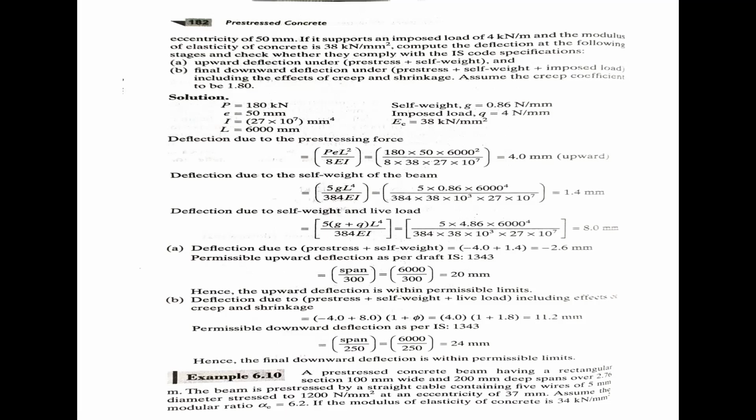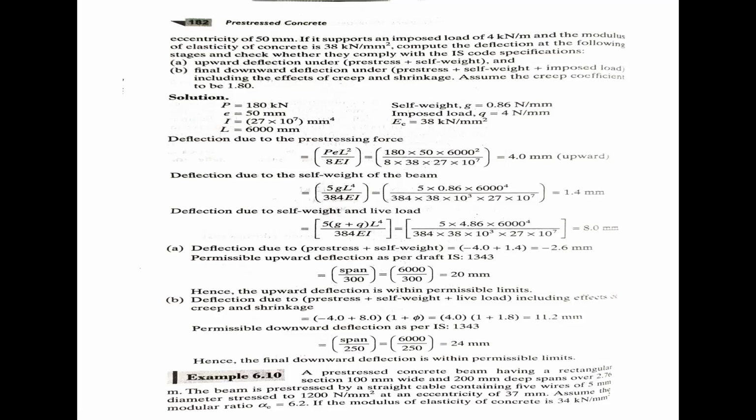Okay, you have to check the span by depth ratio. You have to use the formula of span by depth ratio as per the Indian standard. You have to calculate the deflection due to prestressing force, self weight and live load, and compare with span by 300. You have to compare both deflections. Maximum deflection means span by depth ratio.